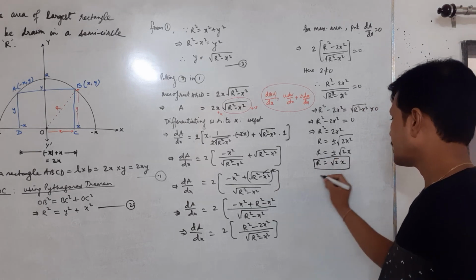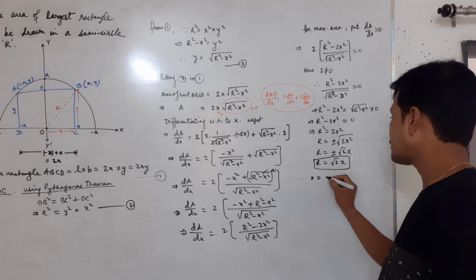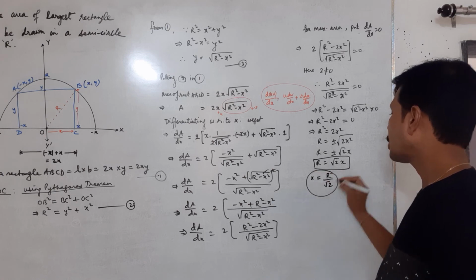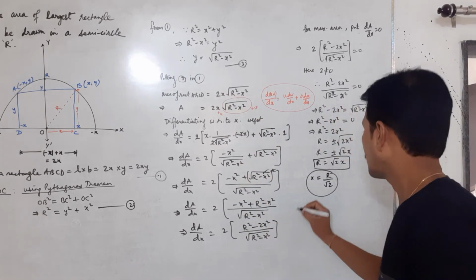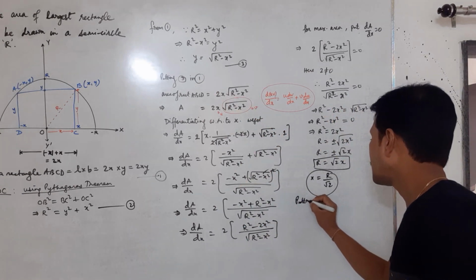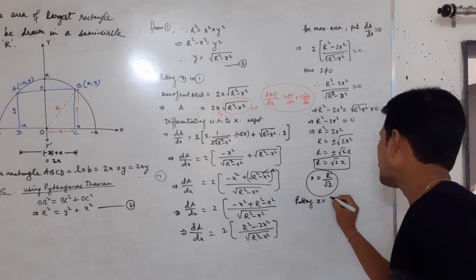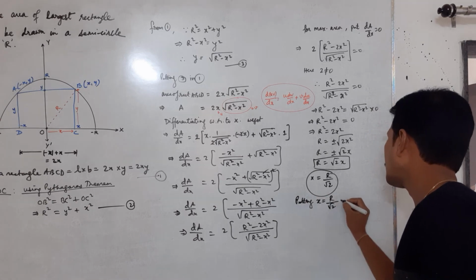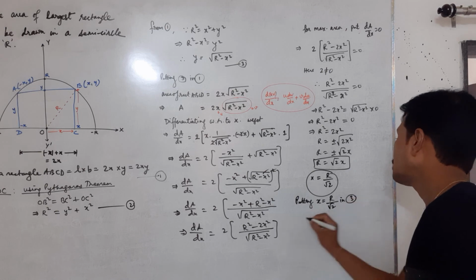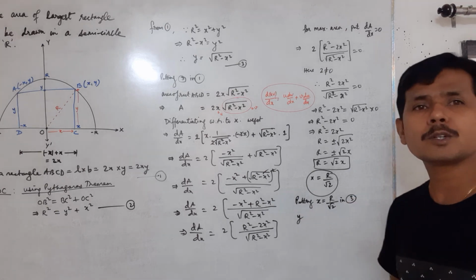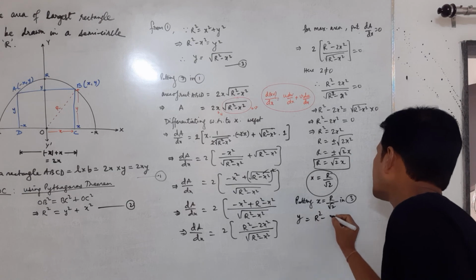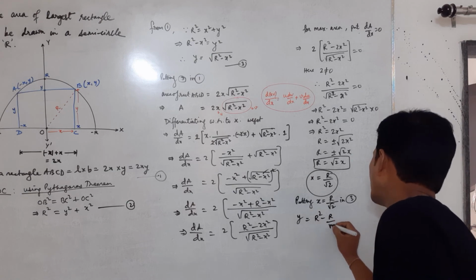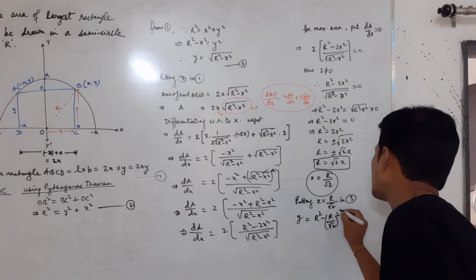Now from this I am taking x equal to r upon square root of 2. I am going to put this value of x in 3. Putting x equal to r upon square root of 2 in 3, we will get y equal to under root r square minus r upon square root of 2 whole square.